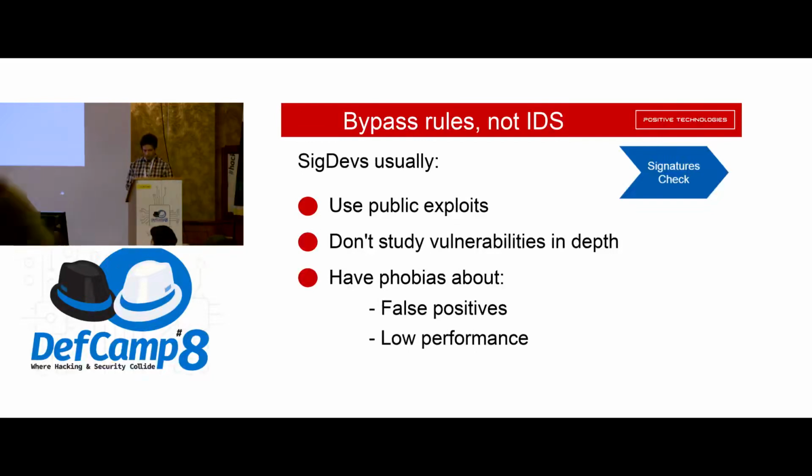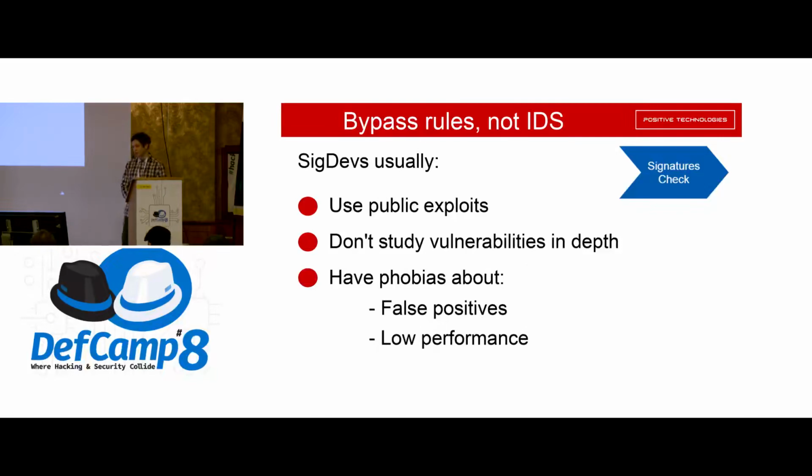The main problem of those who develop signatures is they are limited in time and resources, and usually they have no time to study a vulnerability in depth, to spend hours or days studying it.